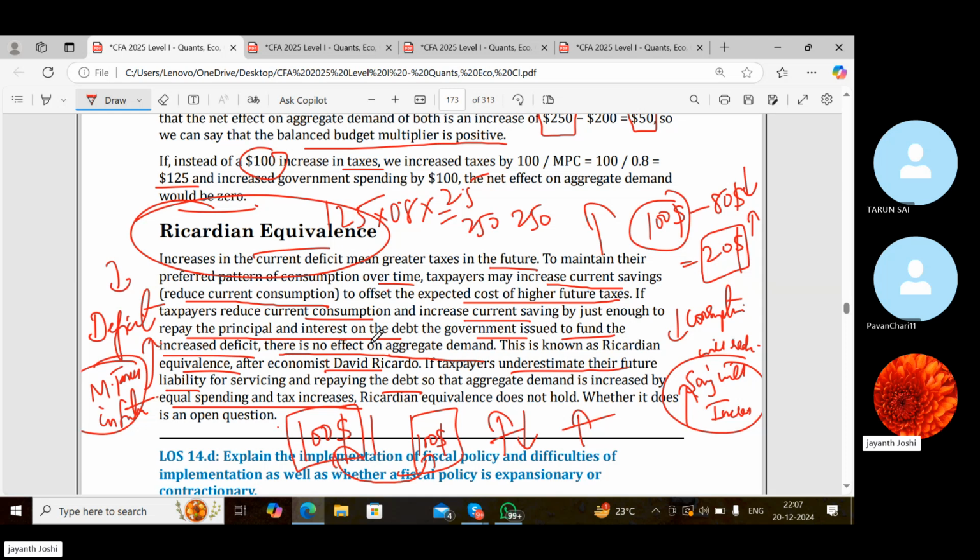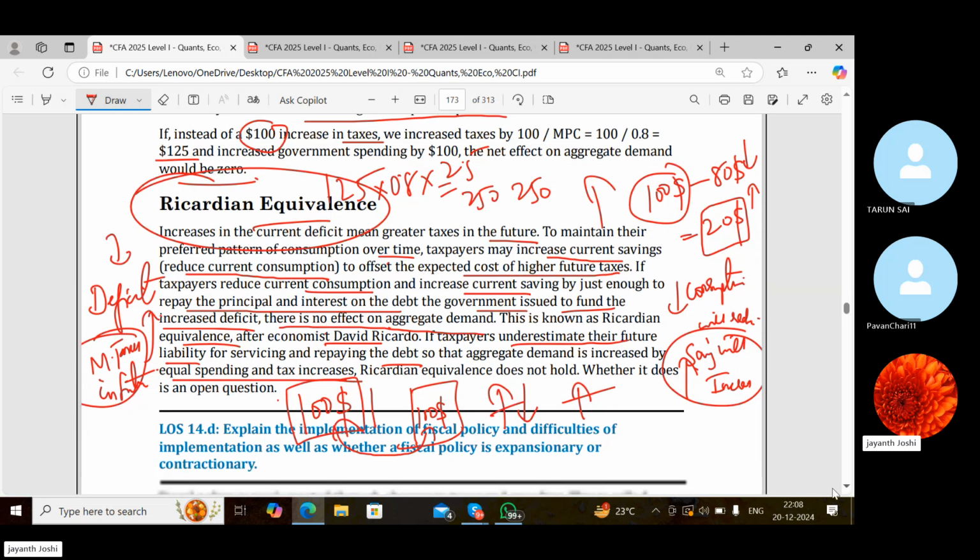But they are supposed to repay the debt in the future. So today they underestimated, let's say, and in future the taxes are going to increase because the government is going to put a burden on them, so that aggregate demand is increased by equal spending and tax increases.